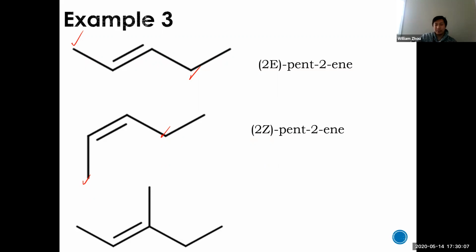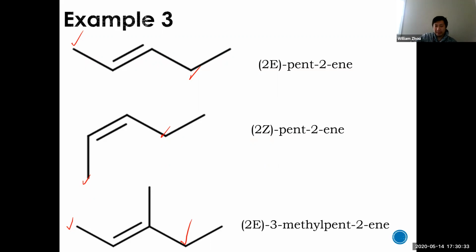The methyl group is worse than the other carbon because the other carbon has another carbon. So that one is easy. That one's the winner because carbon's better than hydrogen. But those two carbons, this one is the better carbon. And they're on opposite sides, so you have 2E, 3-methyl pent-2-ene.